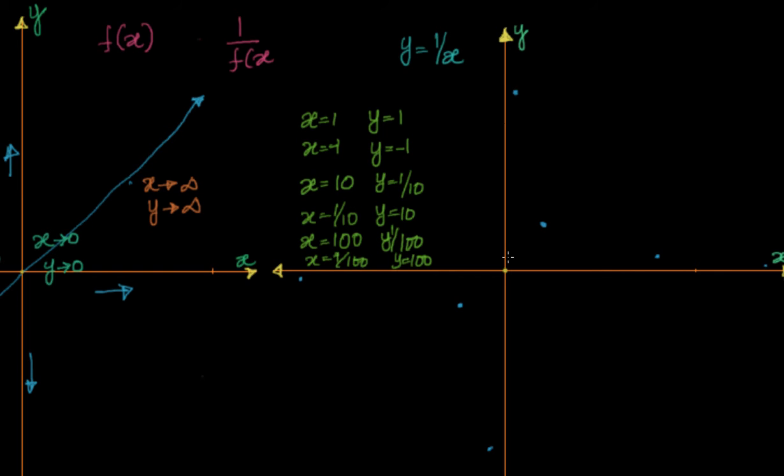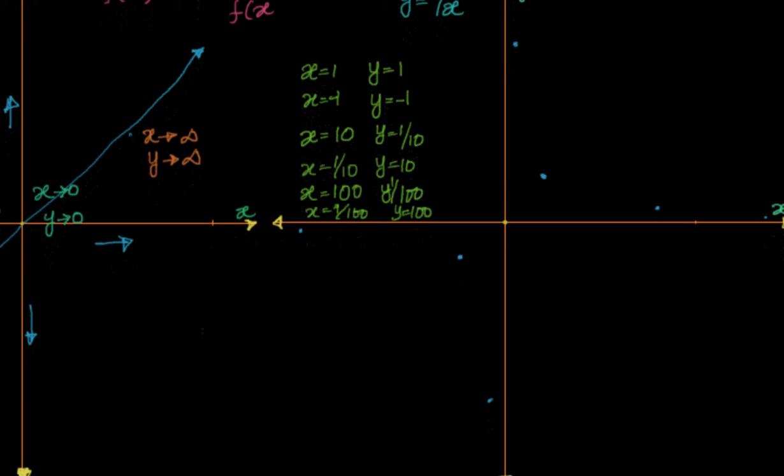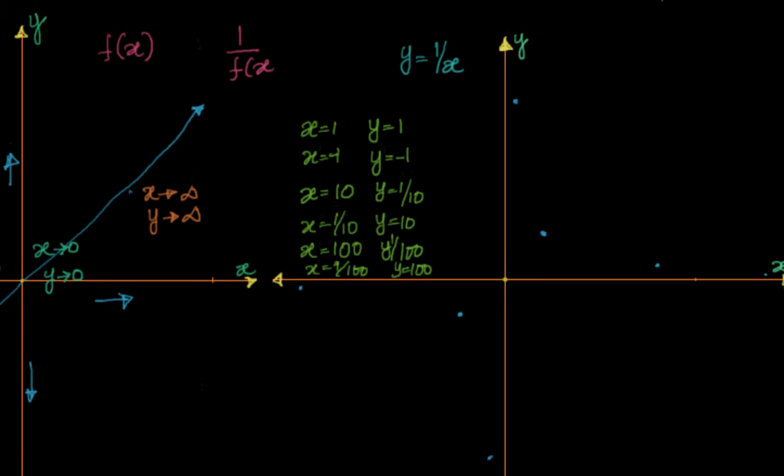But you can see that as x is moving in the positive direction nearing the origin, that means x is becoming smaller and smaller, y is becoming bigger and bigger. If x is positive, then y is moving towards a positively big value. If x is becoming a negatively small number, then y is becoming a negatively big number.